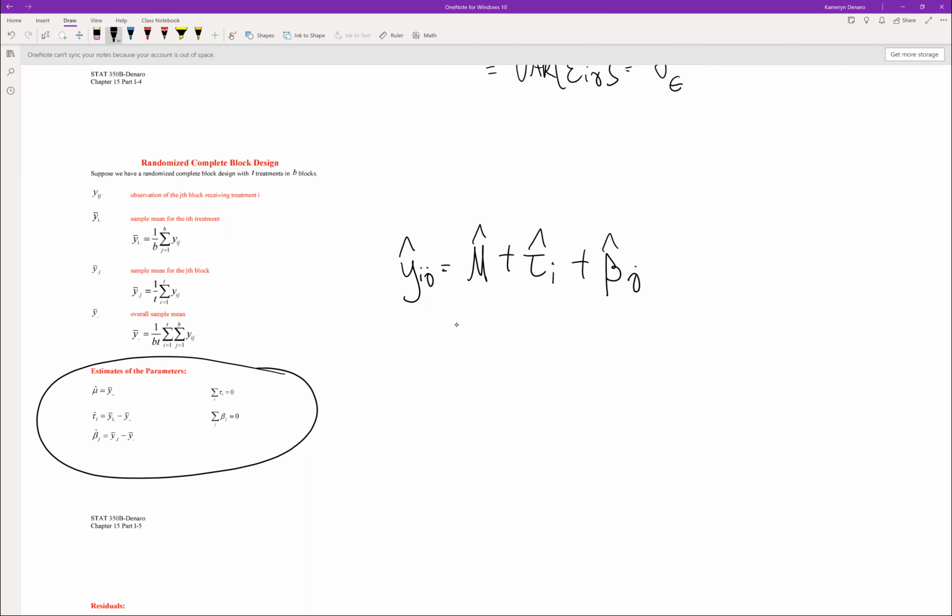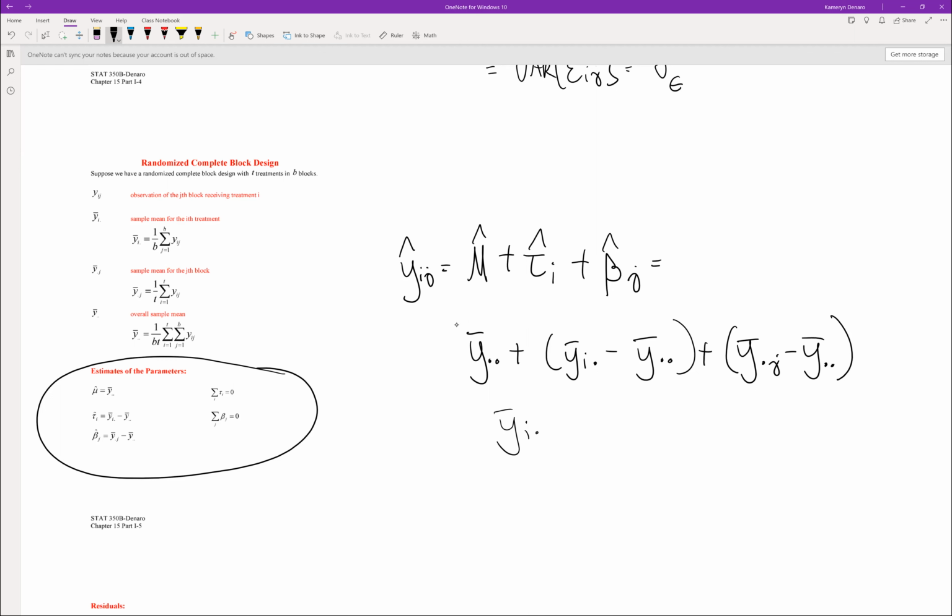By substitution, that's equal to y bar dot dot plus y bar i dot minus y bar dot dot plus y bar dot j minus y bar dot dot. And what I end up with is y bar i dot plus y bar dot j minus y bar dot dot.